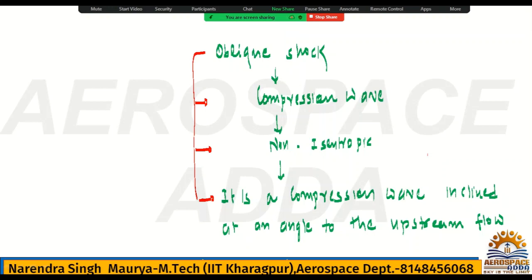All naturally occurring shocks in external flows are oblique. Whatever naturally occurring shock wave there is in external flow, it is always oblique. The chances of a normal shock are very low. Now I said it is a special case of oblique shock.